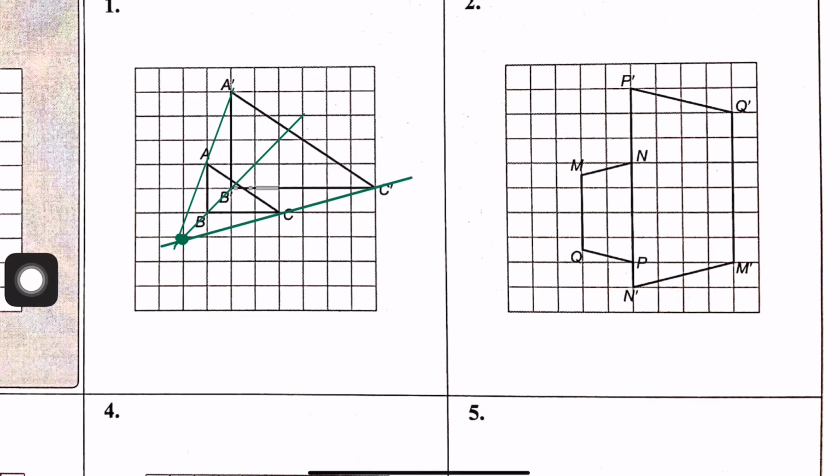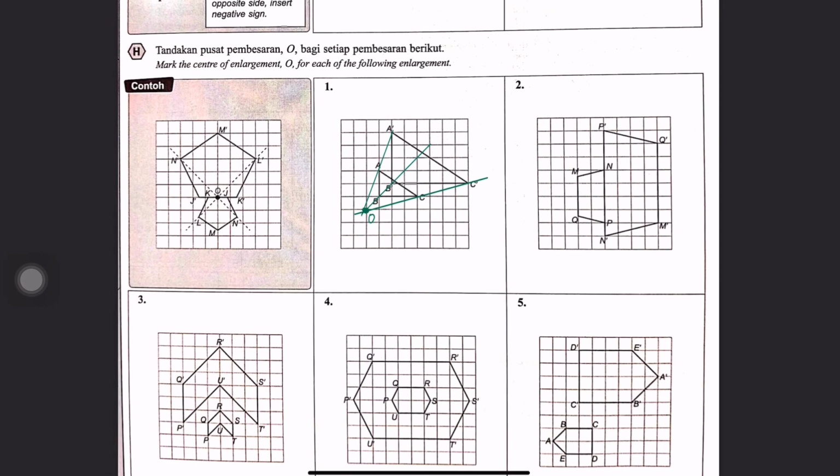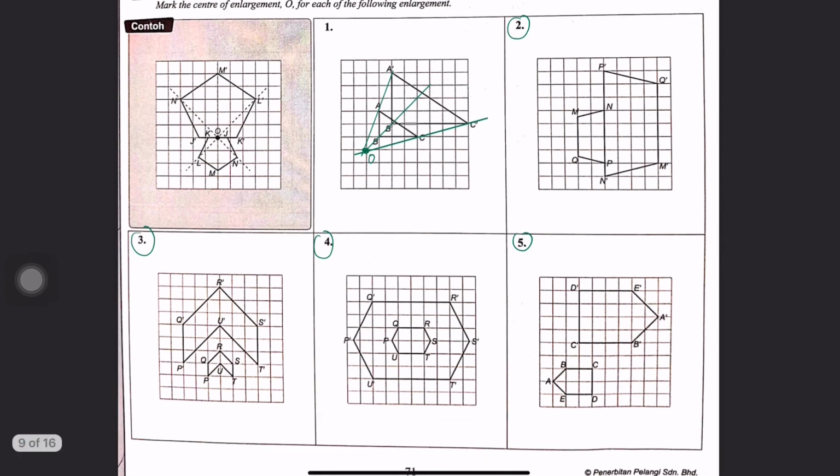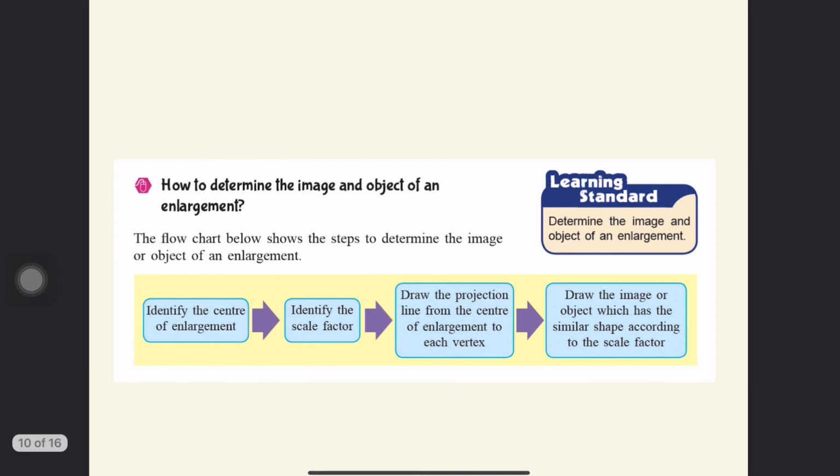So this is your center of enlargement. Same for number 2, number 3, number 4, and number 5. You can try it, but please use a ruler.